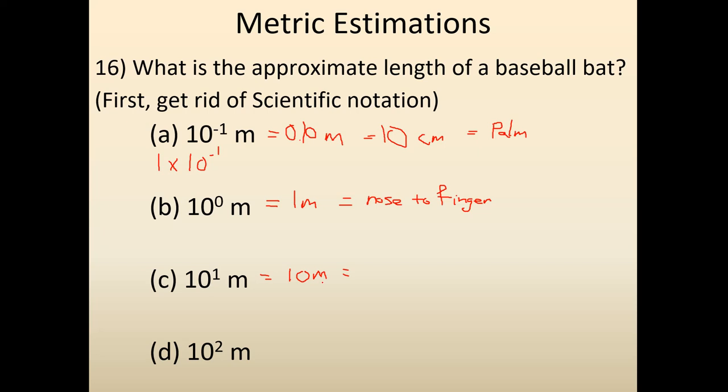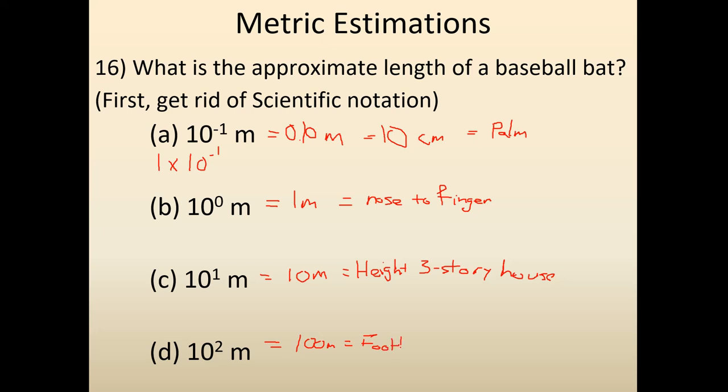I said before that 1 meter is about 3 feet, so this is like 30 feet. This is about, if I had to estimate, about the height of a house. 3-story house to be a little bit more precise. And then 10 to the second, this is 100 meters, or a football field.